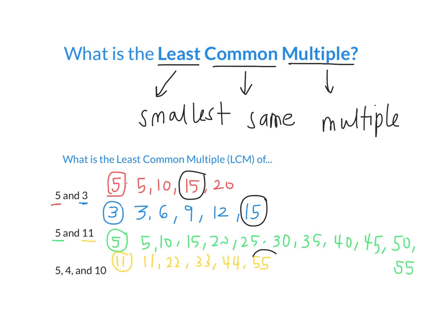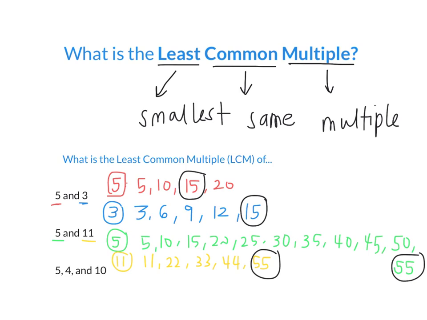When we skip count and list out all the multiples of 5 and 11, we can see that 55 is the first common one. Because we're listing the numbers from smallest to biggest, the first one is always going to be the least, right? So 55 is the LCM, or least common multiple, or the same smallest multiple, of 11 and 5.